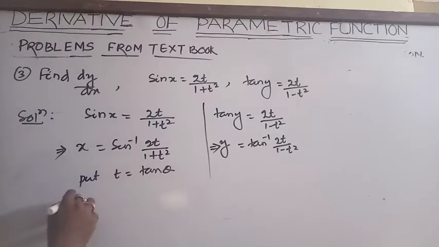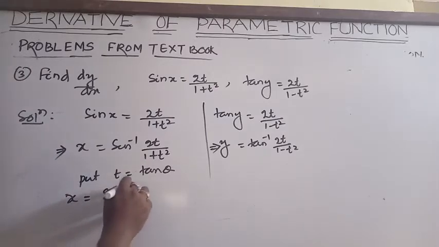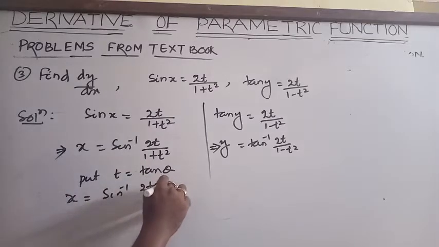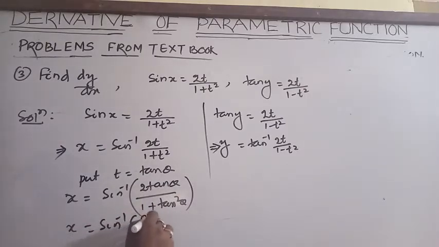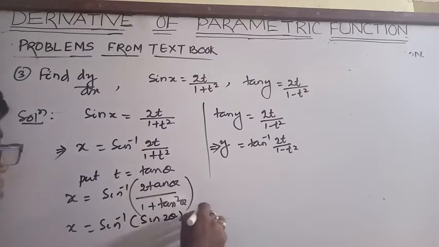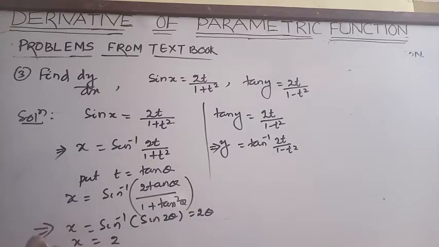So x is equal to sin inverse of 2 tan theta by 1 plus tan square theta. So x is equal to sin inverse of sin 2 theta, which is equal to 2 theta. Theta means tan inverse t.